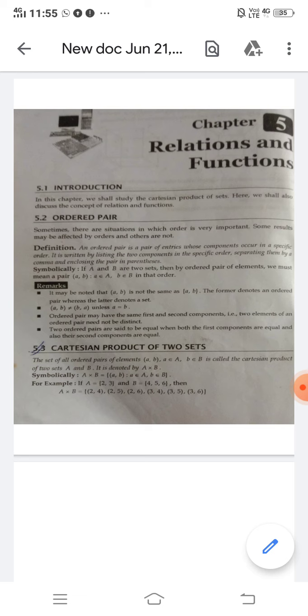That is the way to find the cross or Cartesian product of two sets. क्या करना है? If two sets are given, then A cross B is the first element ordered pair with the other elements of the second set, then 2 सबके साथ merge कर दीजिए: (2,4), (2,5), (2,6). Similarly (3,4), (3,5), (3,6). This is the way to find the Cartesian product.